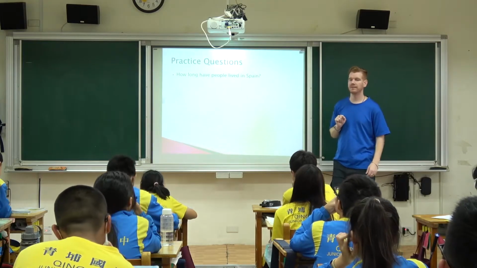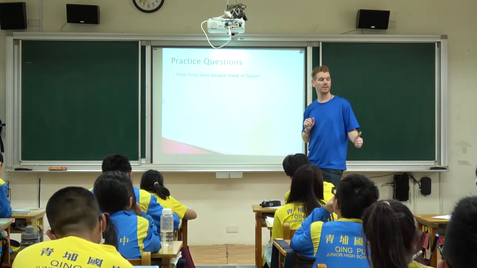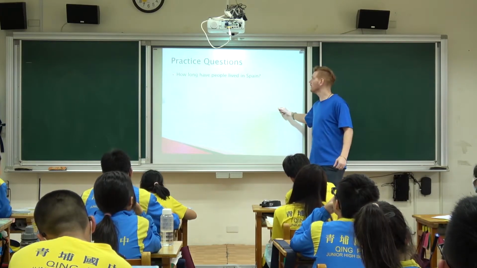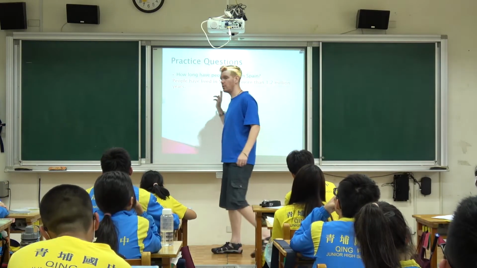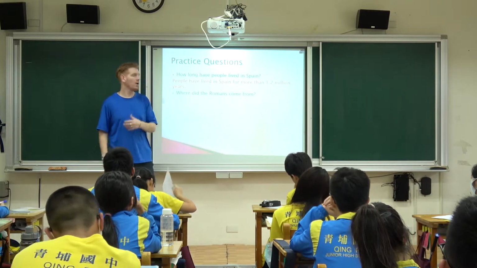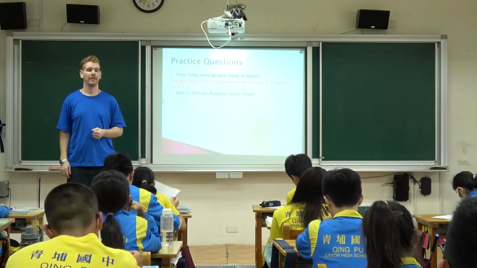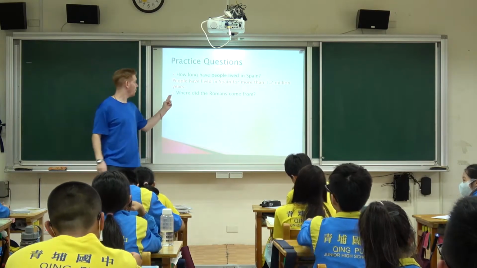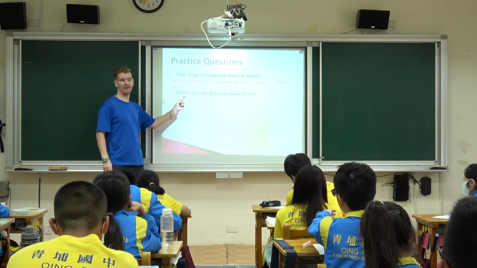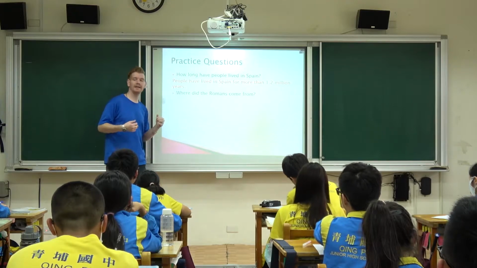Okay, how long have people lived in Spain? Very good. So people lived in Spain 1.2 million years. Where did the Romans come from? Where? Yeah, Italy.